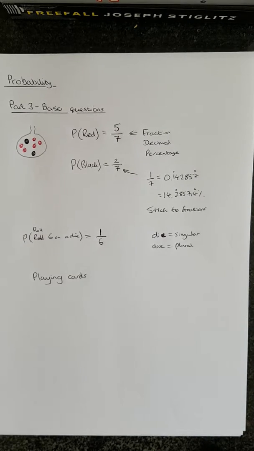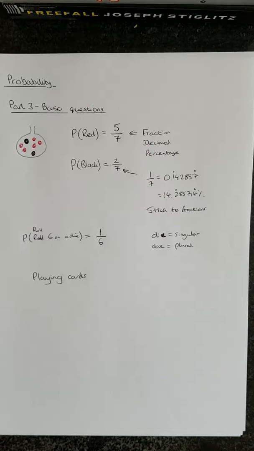Now, I don't know how much time you spent with playing cards. Have a think for a second about what a pack looks like, what's in there, and see if you can think up how you might answer a question. So there are 52 cards in a pack. 52 cards in a pack.